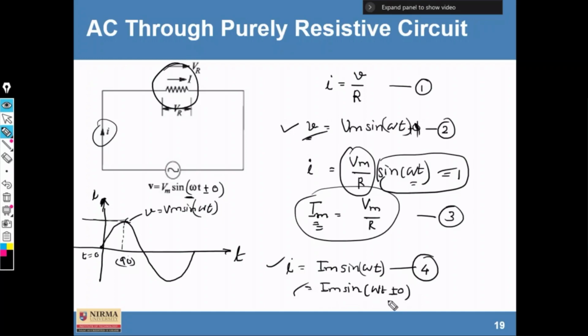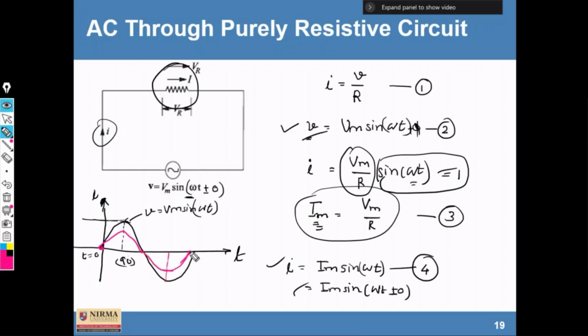That means the current, from 0, will reach the maximum value at the same time, and again reach 0 at the same time. In the negative half cycle, it reaches the maximum on the negative side at the same time.